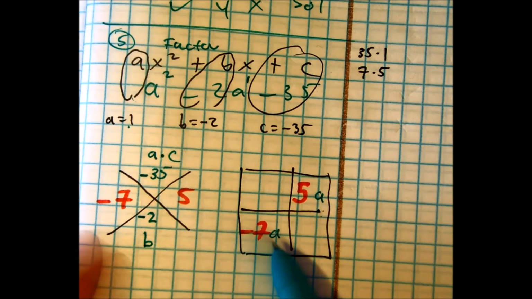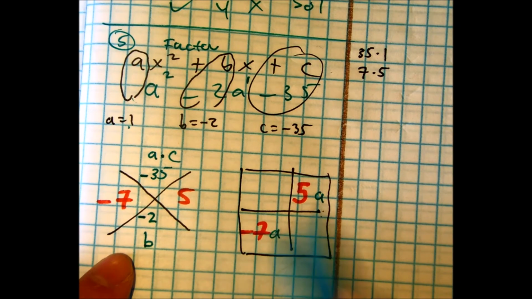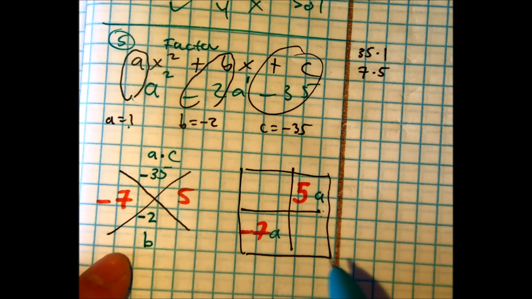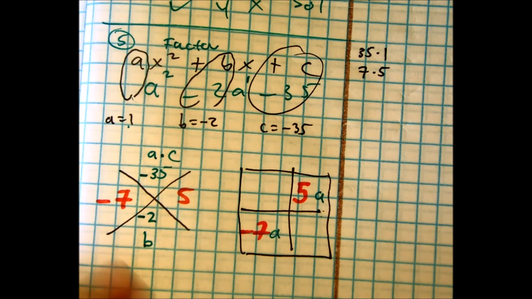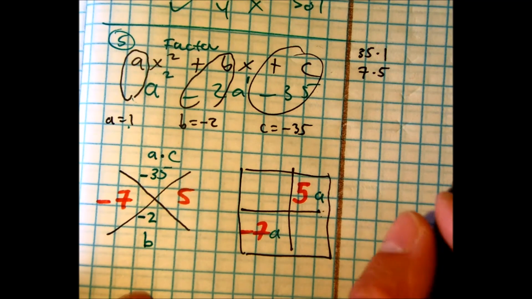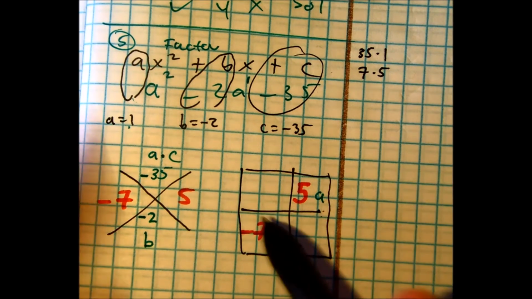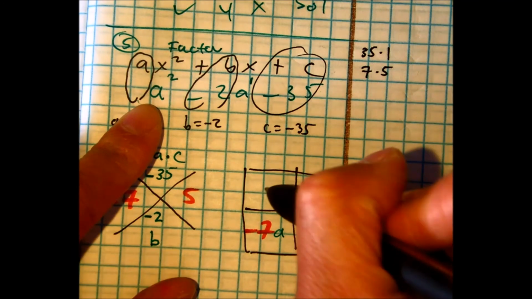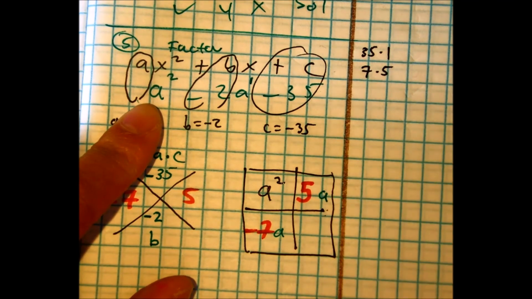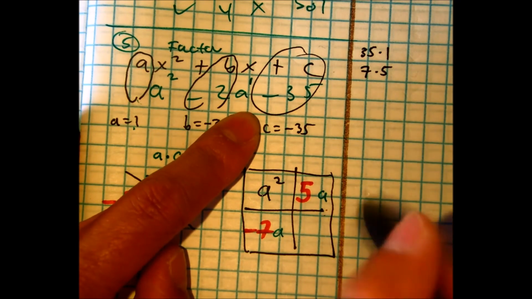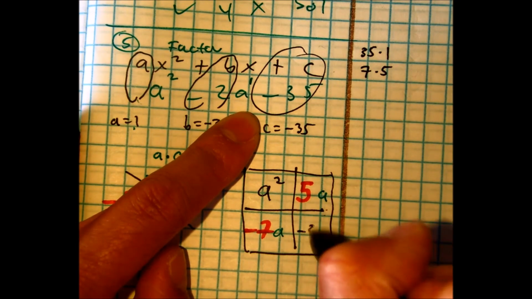The negative 7 and the 5 will always go in the bottom left and always in the top right. When, class? When, not where. Always. In the top left of the box, you will always put the first term. And you'll put the C value always in the bottom right.